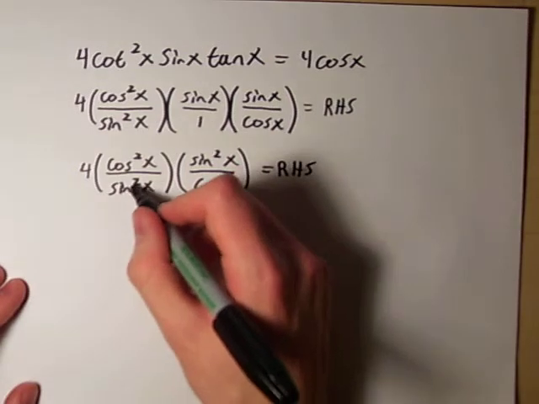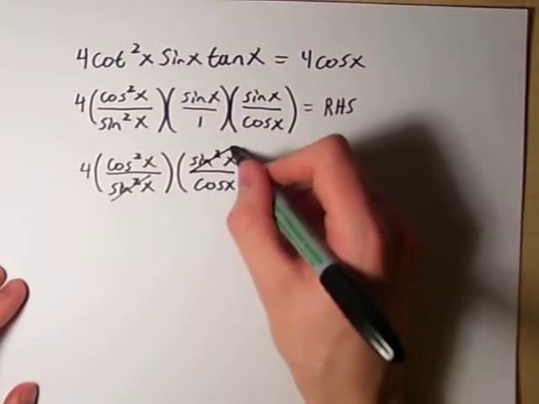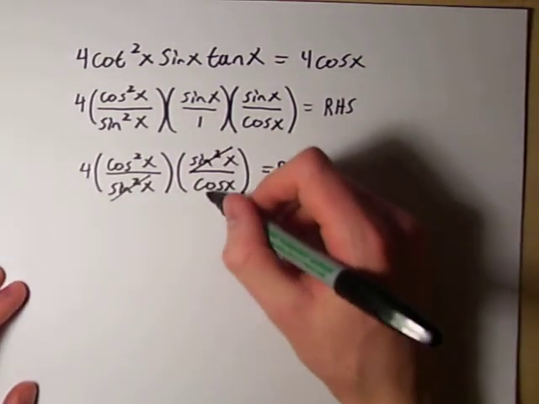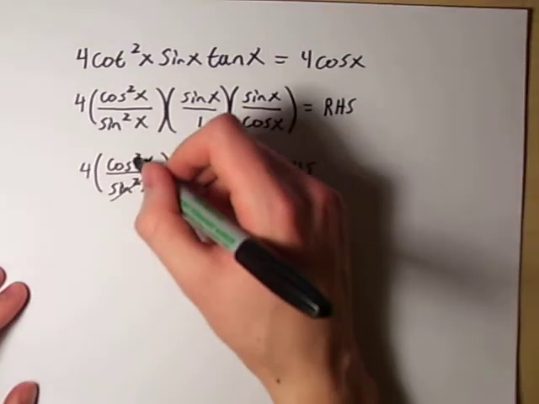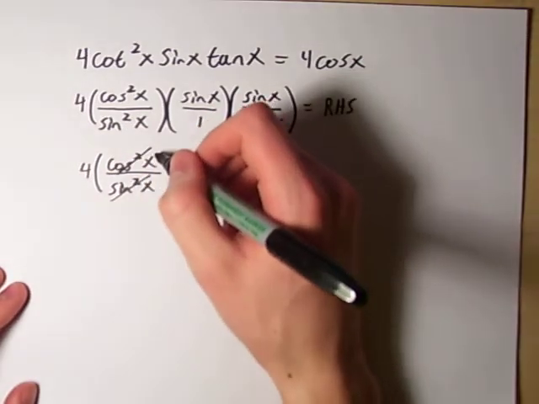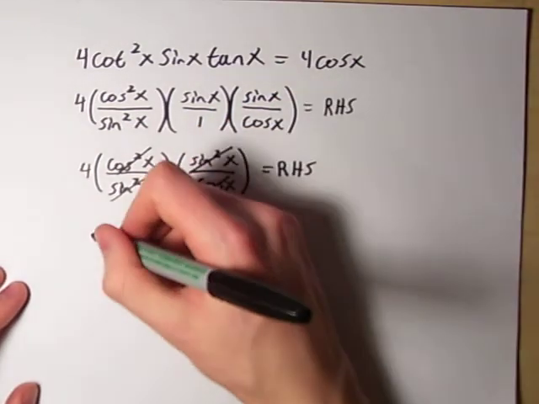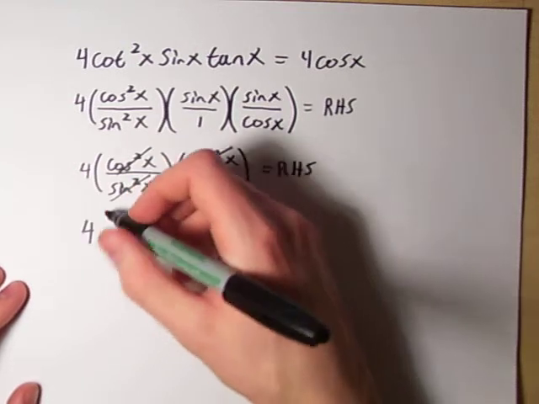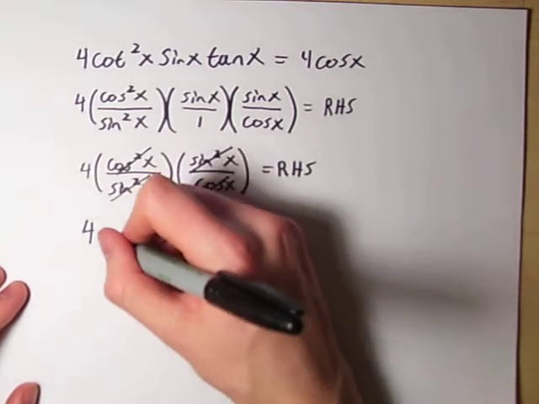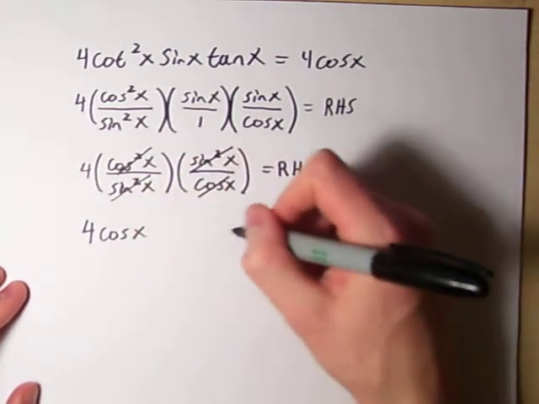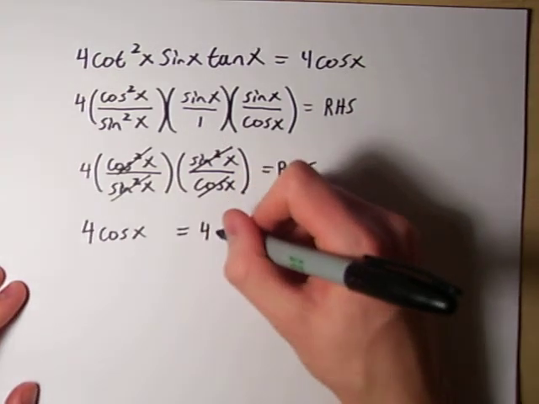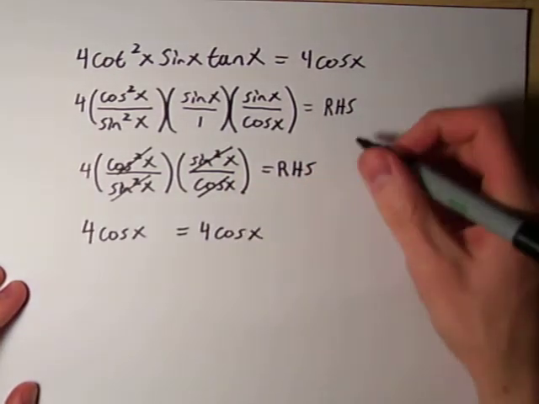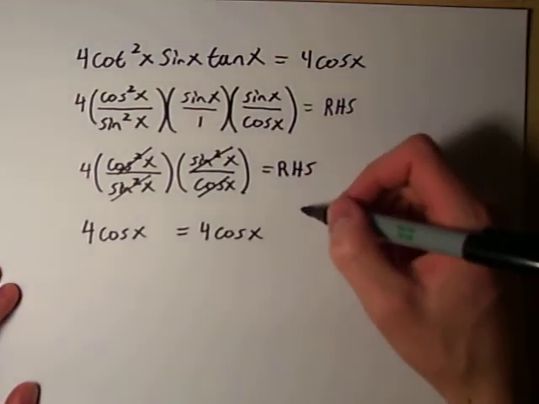Now, this sine squared x and this sine squared x are going to cancel, and this cosine x is going to take one of the cosine x's up here with it, so we're going to be left with 4 cosine x, which equals 4 cosine x, which is what our right hand side was equal to.